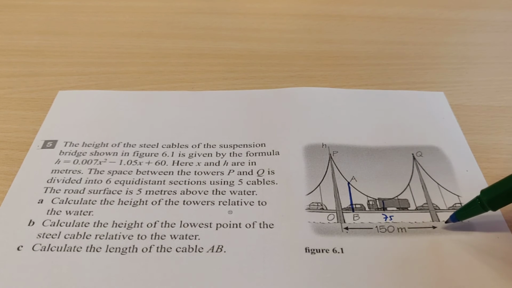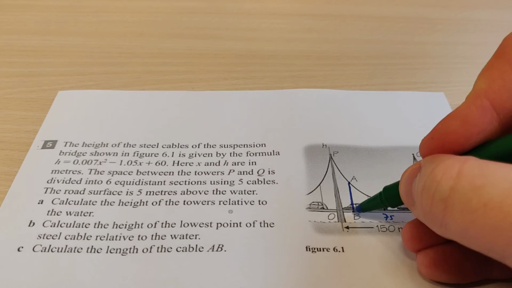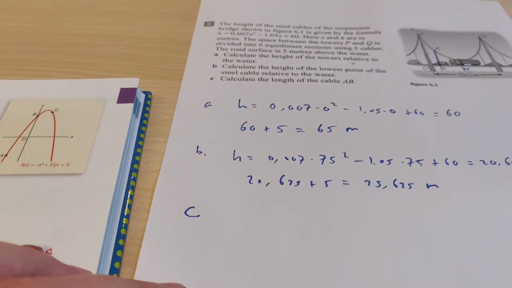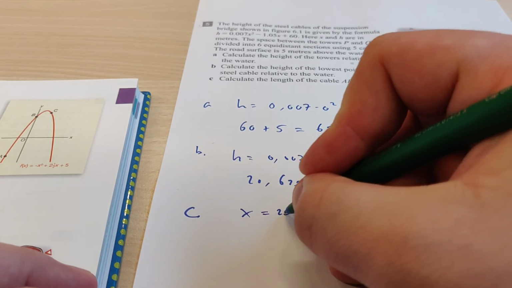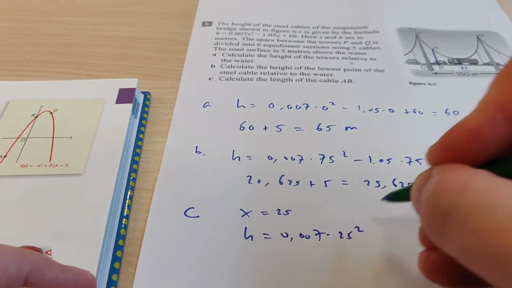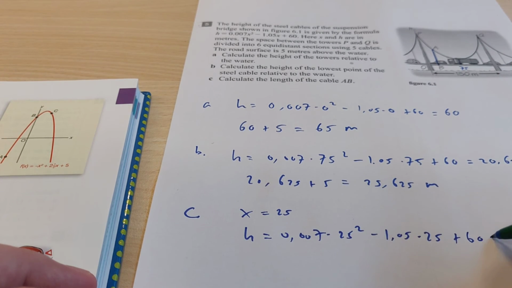That's also 150 meters. That means that the difference between 2 of those bars is 25 meters. So here the x coordinate is 25. So we fill in x equals 25. Then the height is 0.007 times 25 squared minus 1.05 times 25 and then plus 60.